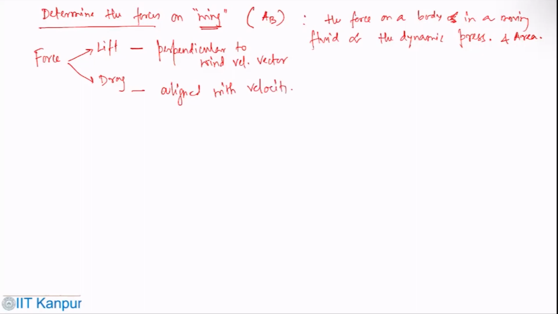Let's say CL is the lift coefficient and CD is the drag coefficient.